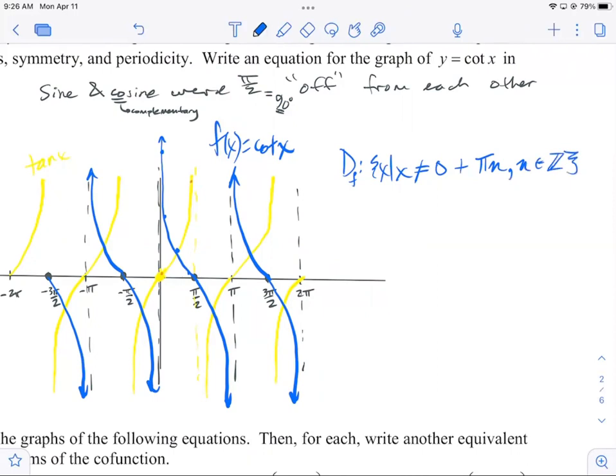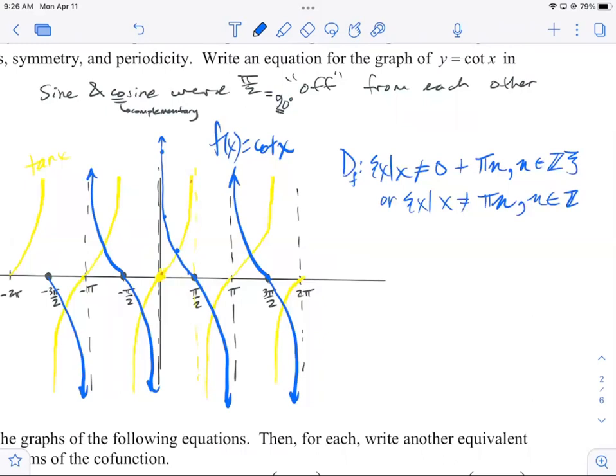Now, we can simplify that, can't we? What is 0 plus pi n? It's just pi n. So for tangent, you need to put pi halves plus pi n, because pi halves ain't 0, right?